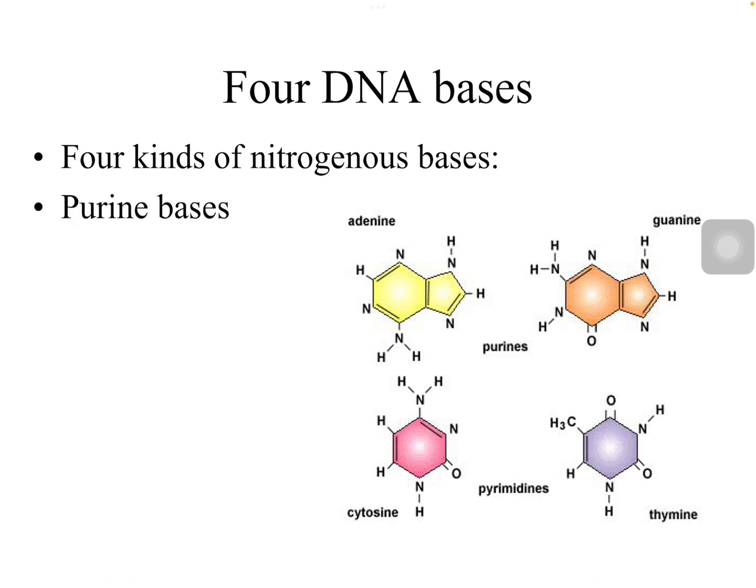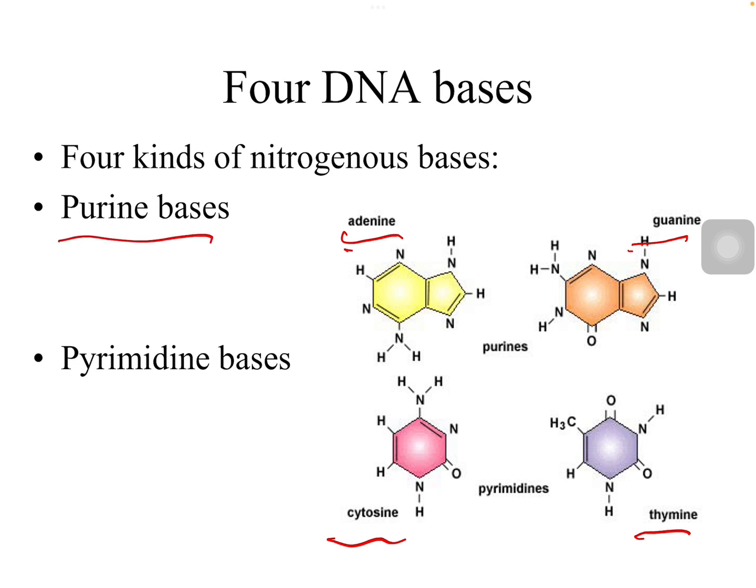First are the purine bases, which are adenine and guanine, while the pyrimidines are cytosine and thymine. So, let us remember those bases. When we say purine, adenine and guanine; when we say pyrimidine, cytosine and thymine. For example, in a nucleotide, we have a phosphate, adenine on top, and here is the deoxyribose. They are attached together, those three. Okay?